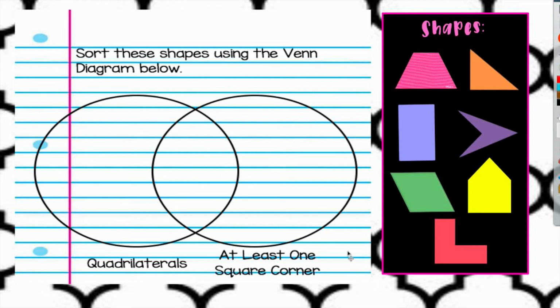Whenever we're sorting shapes, you need to look at each shape one at a time and see where this shape would fall. Would it be a quadrilateral? Would it be a shape that has at least one square corner? Or would it be both? Remember, in order for a shape to be a quadrilateral, it has to have 4 sides and it has to have 4 angles.